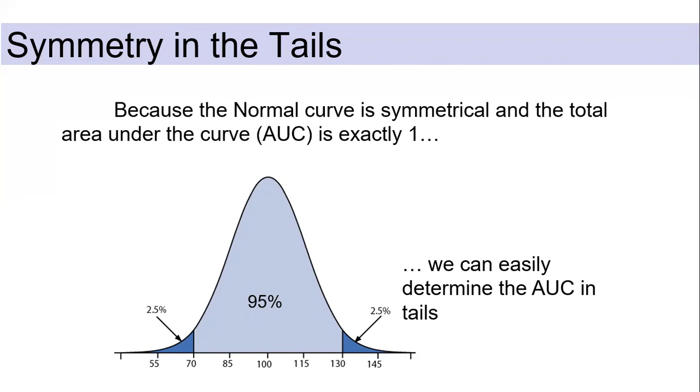That's why 5% divided by 2 gives you 2.5% here. This means that 2.5% of the people have scores below 70, whereas the remaining 2.5% have scores higher than 130.